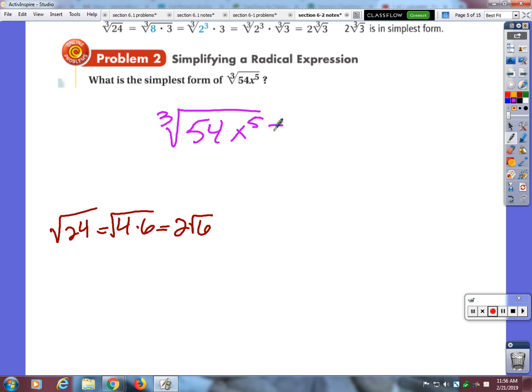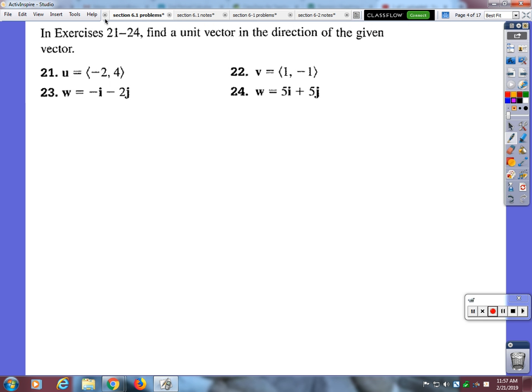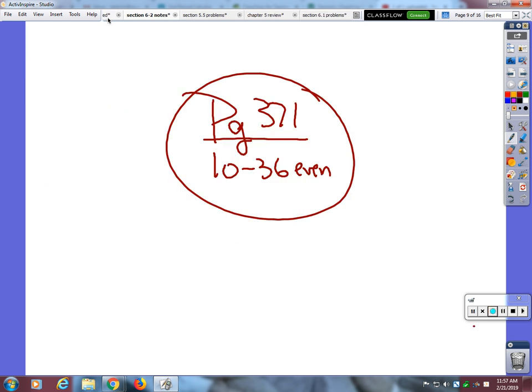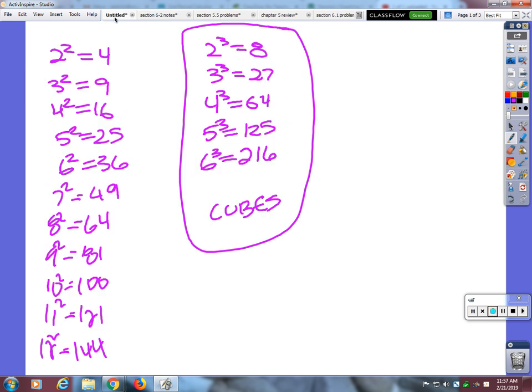54x to the 5th, what is the biggest number that you know the cube root of that goes into 54 evenly? What's the biggest number from that list that goes into 54 evenly? Okay, 8 is a winner. No, actually it's not. 8 does not go into 54. 9 goes in there, but stop.